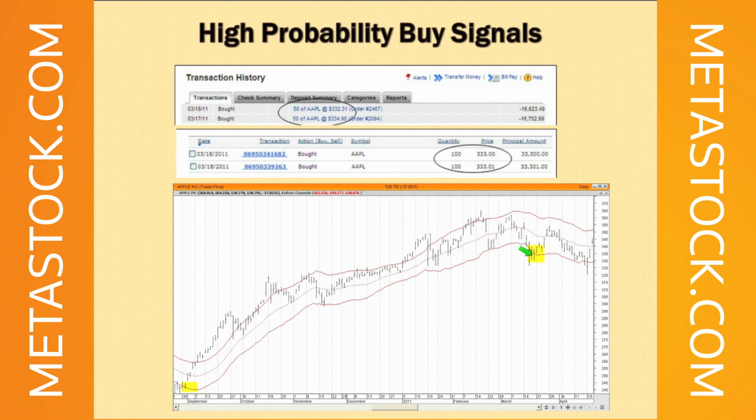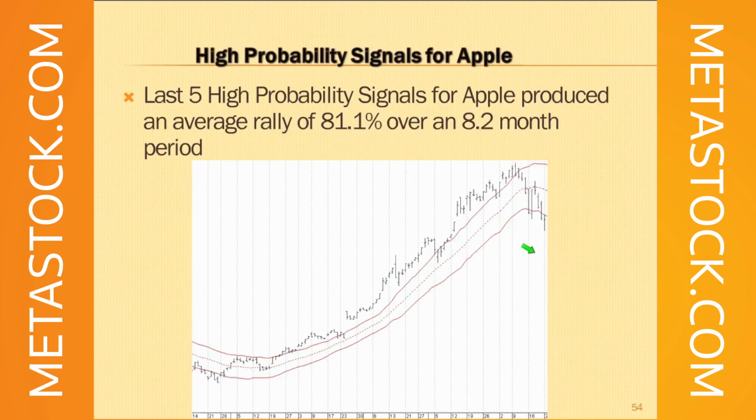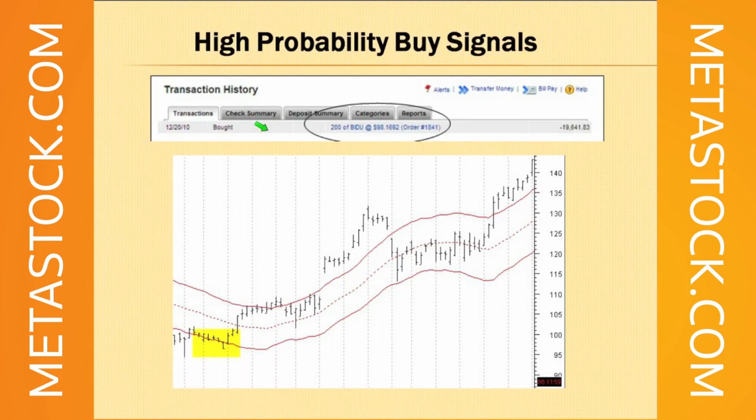So Apple's gone on and has rallied pretty nicely since I made these buy points at around the 333 level when Apple stock was on a high probability buy signal. And the last 5 high probability signals for Apple produced an average rally of 81%. So when the stock gets really oversold and actually closes below this lower Keltner channel, those last 5 high probability signals produced an average rally of about 81%.